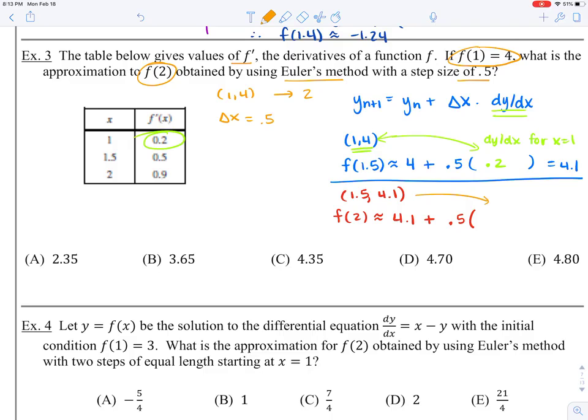So I want the dy dx for x equals 1.5. So I'm going to put 0.5 in here and get a value of 4.35. I guarantee you the mistake you're going to make is you're going to think that in this Euler's table you'll have to use that 0.9 and you don't at all. Okay? So be really, really careful with that.